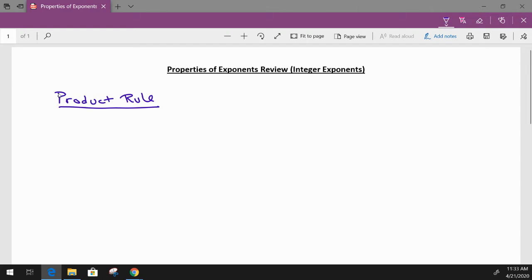So the product rule basically states that if you have something to the m power times that same something, a value to the nth power, as long as the bases are the same, so note that these have to be the same base, then when you simplify this, you add the exponents.